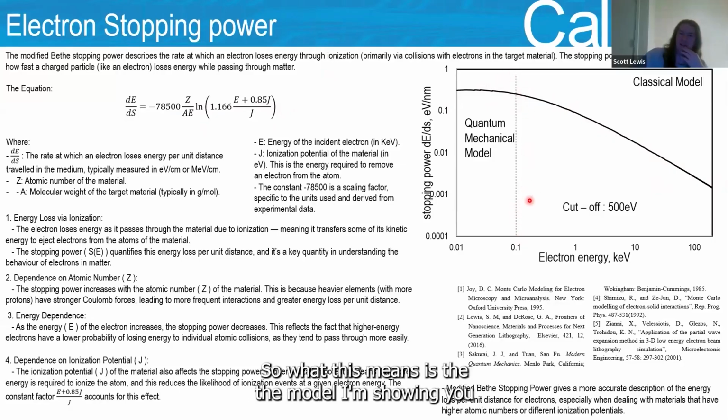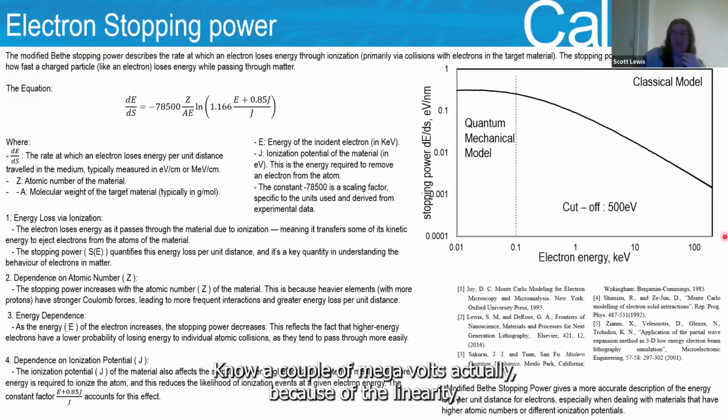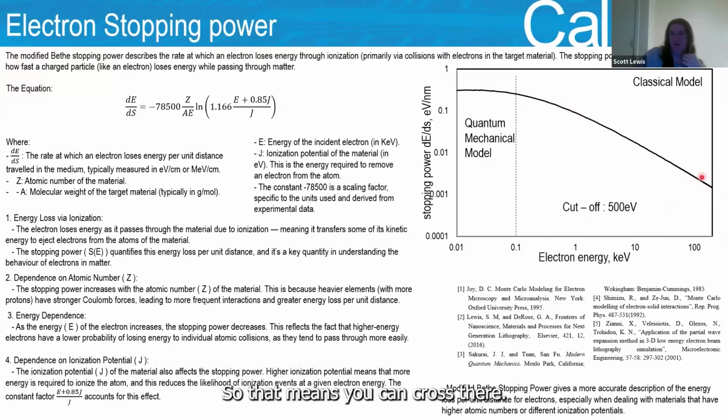So what this means is that the model I'm showing you right now is good from 0.1 up to 500 kilovolts, a couple of megavolts actually, because of the linearity. So that means you can trust it. The problem is when you get into this regime, then you need a different model. And we're going to discuss that.